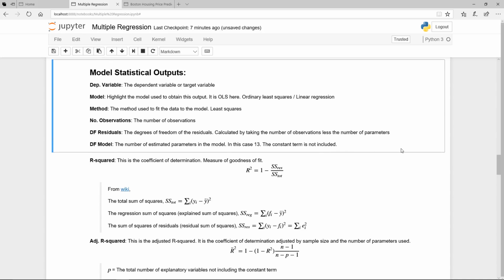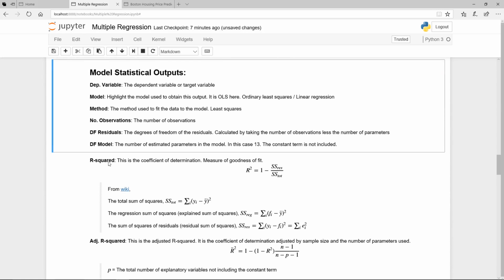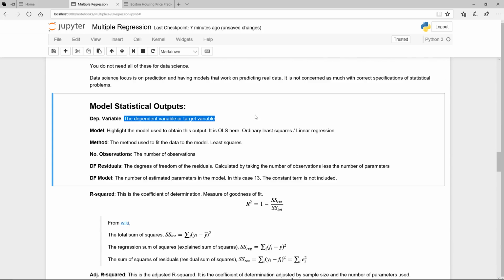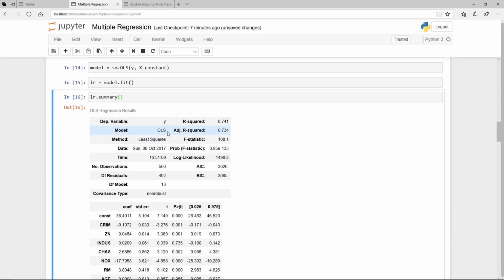Okay, these are all the descriptors to explain what each of these fields are. The dependent variable really is the target variable. In our case, it is the median house price value, so it's provided here as y. The model that we're using here is ordinary least squares.